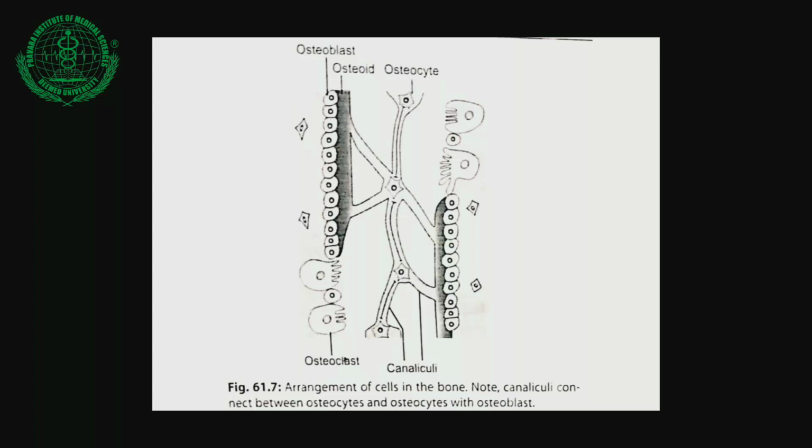They cause bone resorption by secreting proteolytic enzymes into the surroundings. The chemicals secreted by osteoclasts make the environment acidic, which enhances the solubility of the bone minerals, and the enzymes secreted cause degradation of the organic matrix.